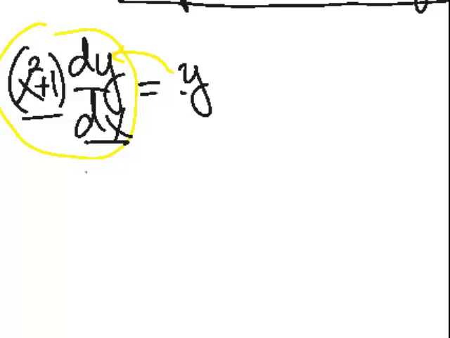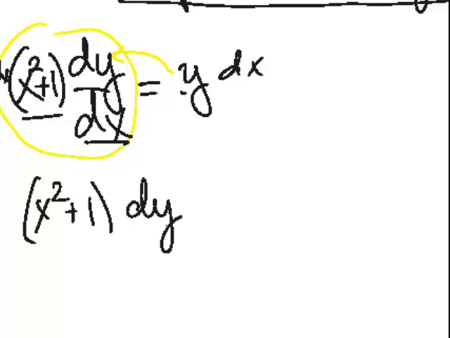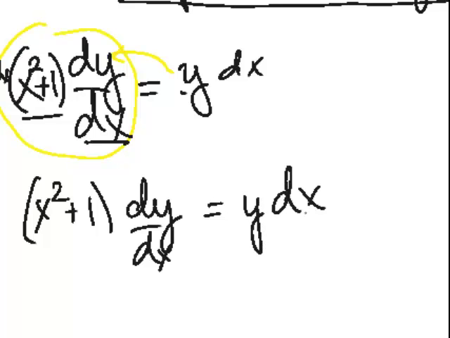So if I were to multiply both sides by dx, I would get x squared plus 1 dy dx equals y dx. Then I can divide both sides by x squared plus 1.